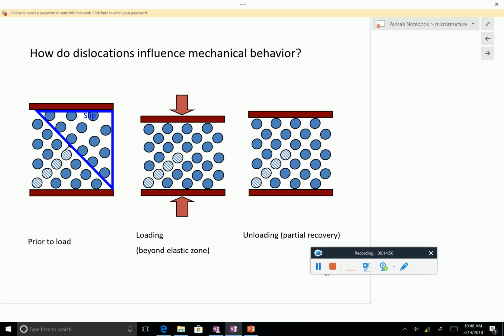Now, if you unload, the dislocation doesn't go back to where it was. And this is when you have plastic deformation. You don't have recovery. So it's important to understand how this affects the behavior. So here we have partial recovery, so you have some plastic deformation, permanent deformation, because of the dislocation.